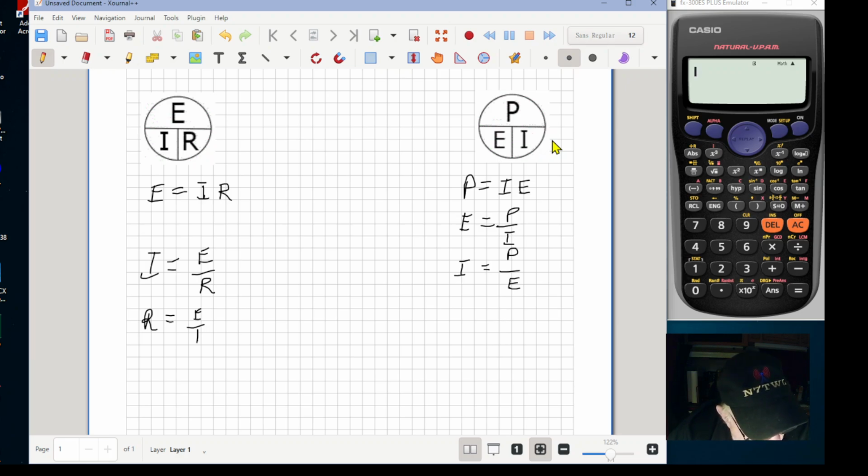Let's say that I'm asked to find out how many watts of electrical power are used if 400 volts is supplied to an 800 ohm resistor.